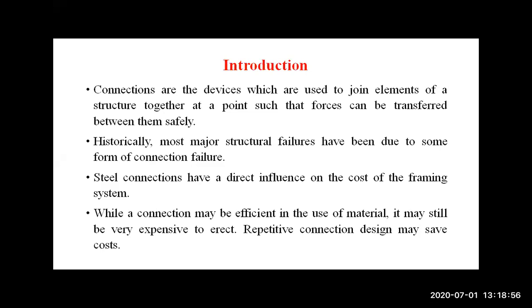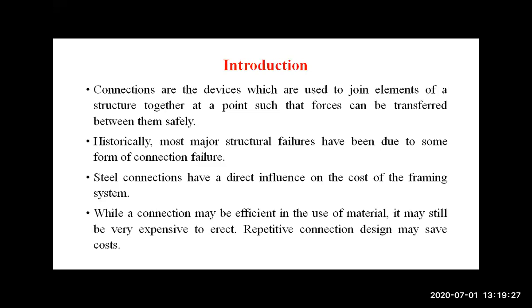Now most of the major structural failures have been due to connection failure. If we see various steel structures, the failure of the structure comes from the connection only. We are connecting two members by using bolt or weld, and most failures of structures occur in the connections only.